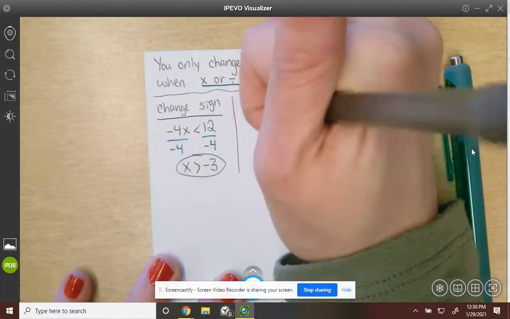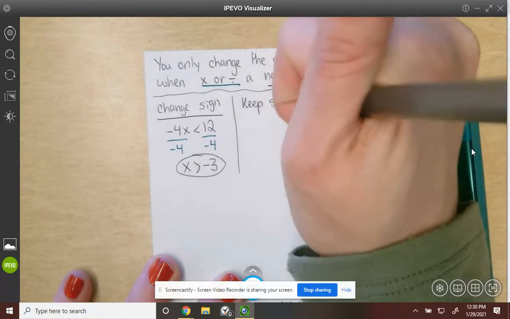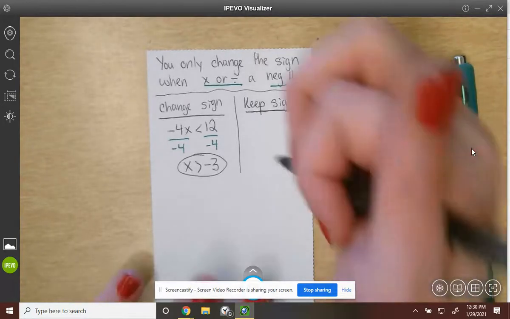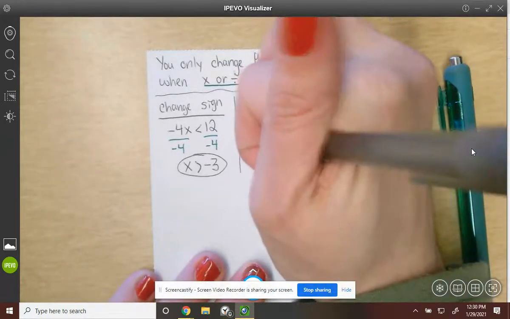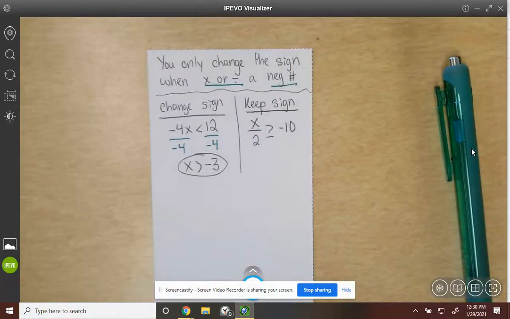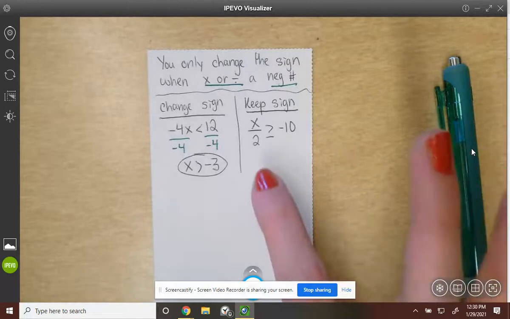Okay, keep sign would be this example over here. x over 2 is greater than or equal to negative 10. What do I do to get rid of this 2 here?